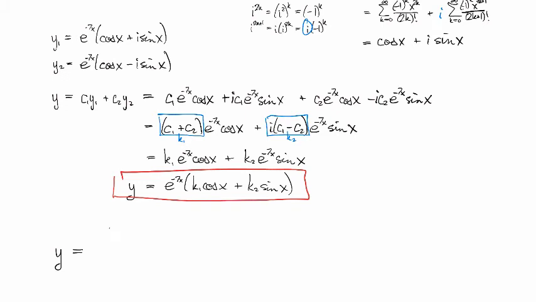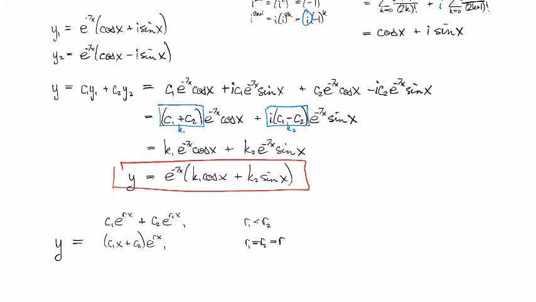All you need to remember is this formula right here, so that in the case of distinct real roots, we have a sum of exponentials. In the case of a repeated real root, we have a polynomial times an exponential.